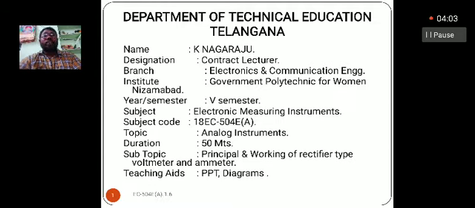If you are measuring voltage, then it is the rectifier type voltmeter. If you are measuring current, then the rectifier version of the ammeter is called the rectifier type ammeter. That is, the classification into rectifier type voltmeter and rectifier type ammeter is based on the measurement of current and of voltage. With the help of an ammeter, we measure the current. With the help of a voltmeter, we measure the potential difference, that is, the voltage.